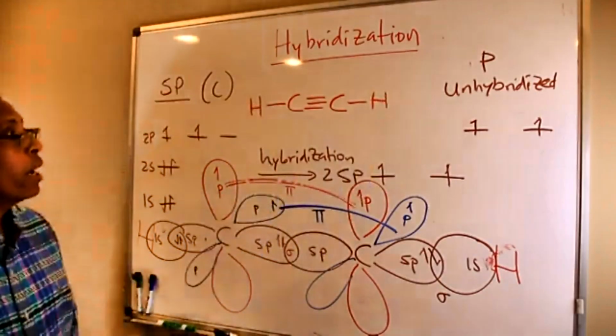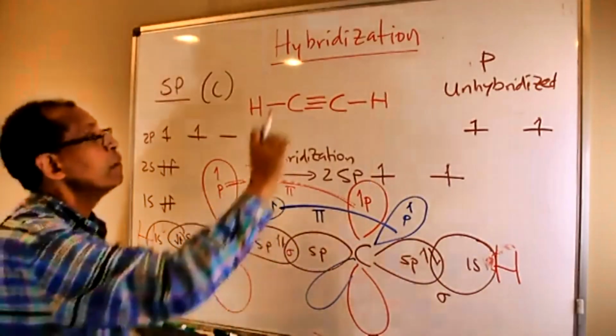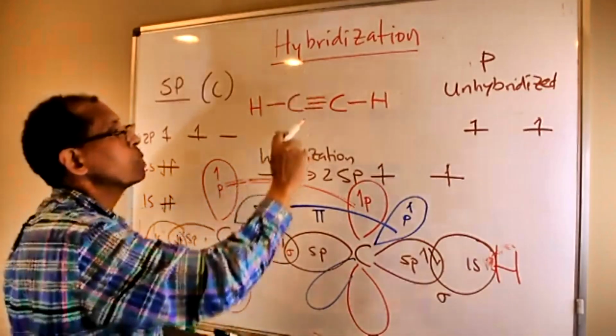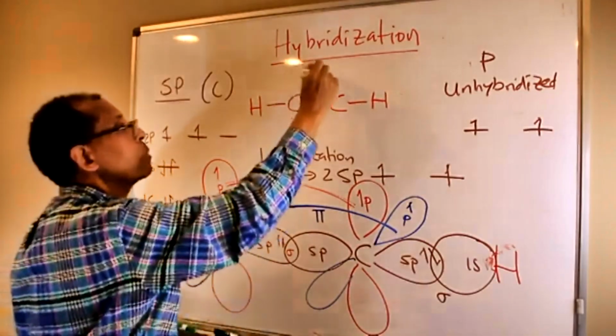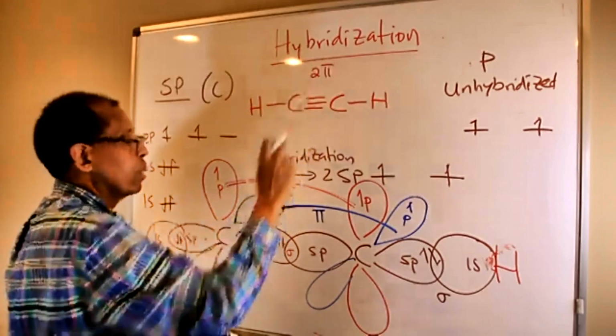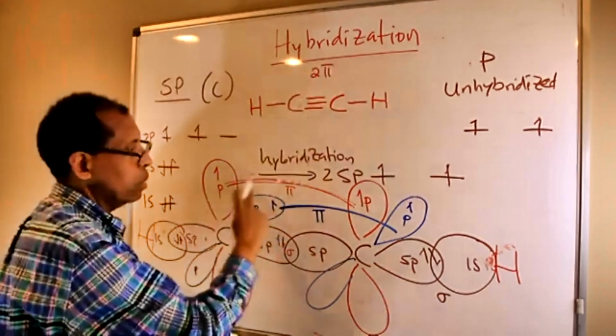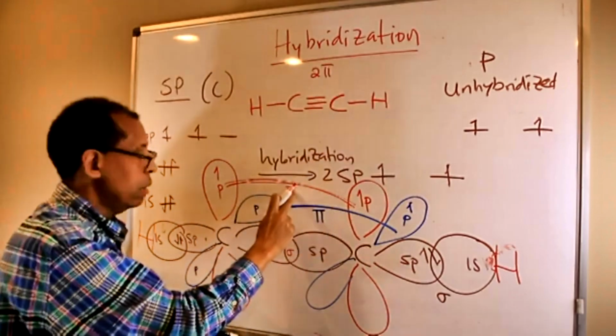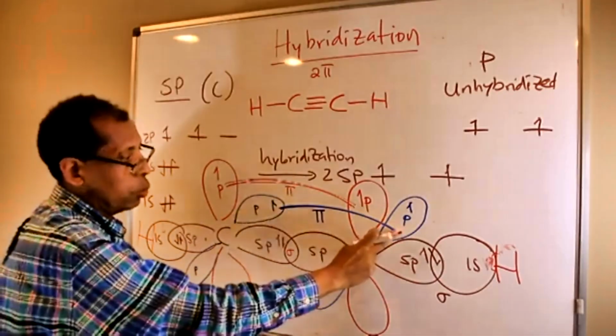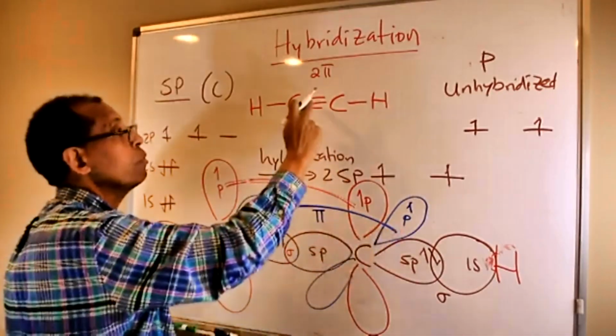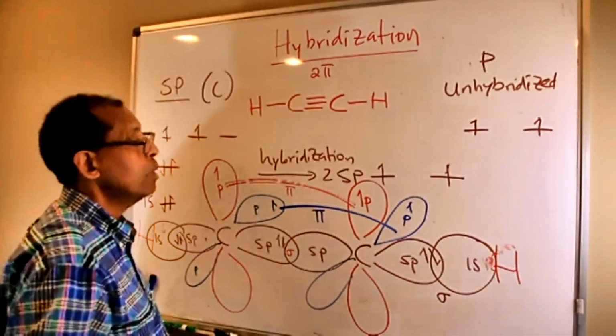So if we were to account, we have 2 pi bonds, right? 2 pi bonds, because this p-p interaction gives you 1 pi bond. This p interacting with another p gives you the second pi bond.